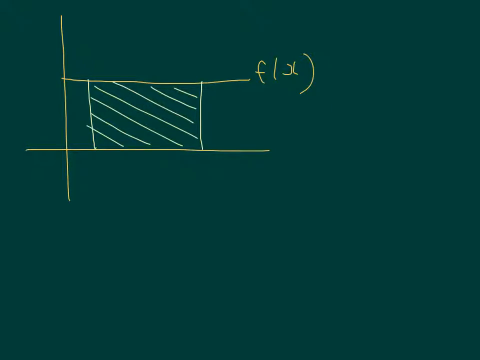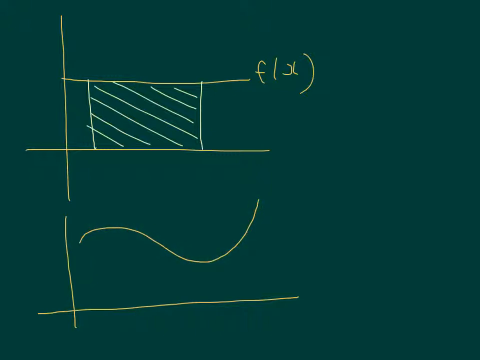Surely the rate at which the area changes depends on this height. So for instance, let's say it wasn't a constant function now. Let's say it was something like that, so the height is changing. f of x is changing.